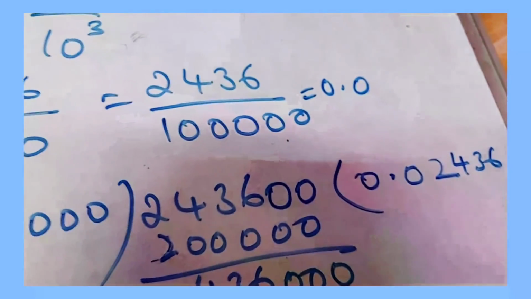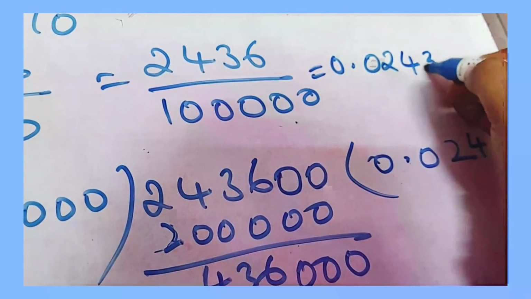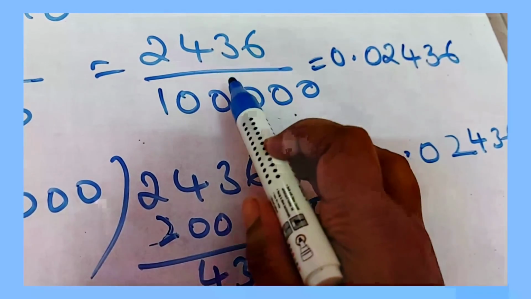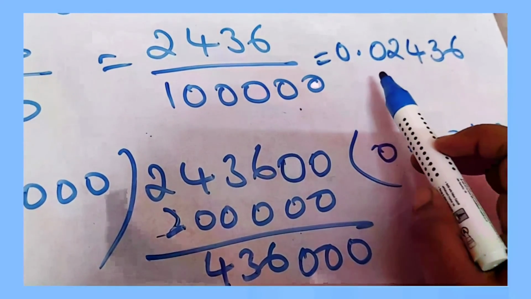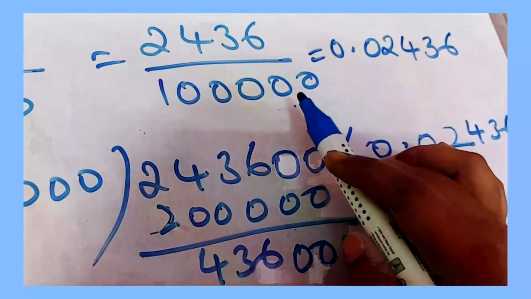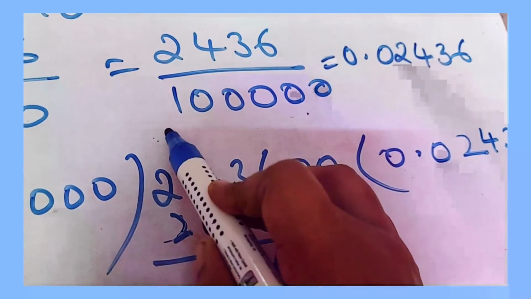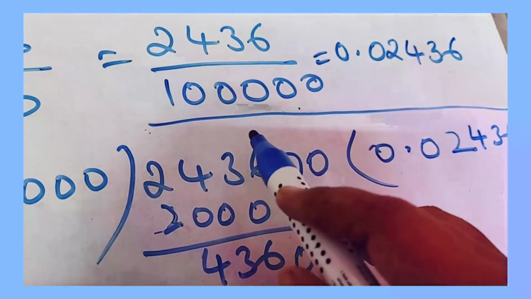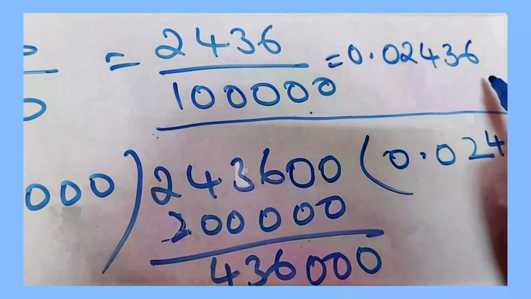2, 4, 3, 6. So it is ones, tens, hundreds, thousands, 10,000s, lakh. You have to take 0.0. Okay, so what is the easiest method you can see here is you take 2436 here.